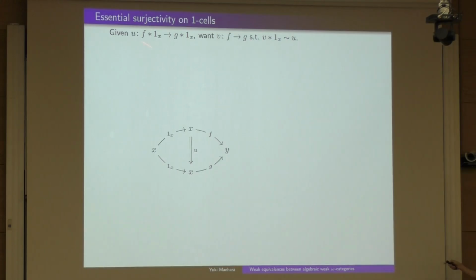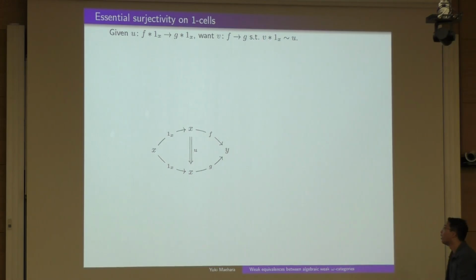We have a one cell in the hom, so this would be a 2 cell, which points from F composed with an extra identity to G composed with an extra identity. So this U is of this form. Then we want a 2 cell that points from just F to just G, such that if you whisker this with the identity, you get this original U back. So this is what essential surjectivity on the one cells means.